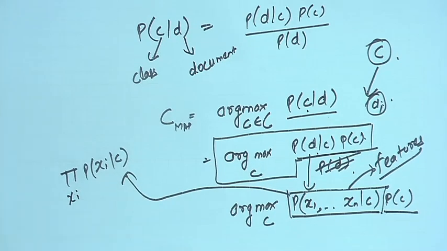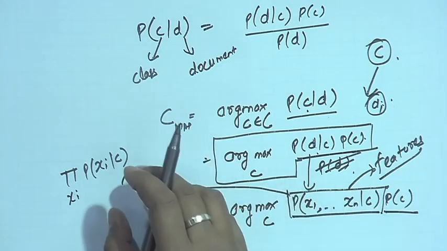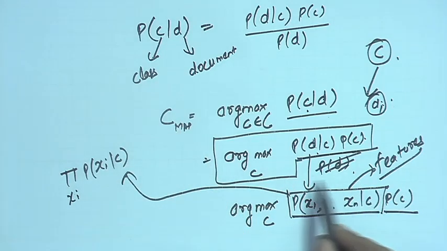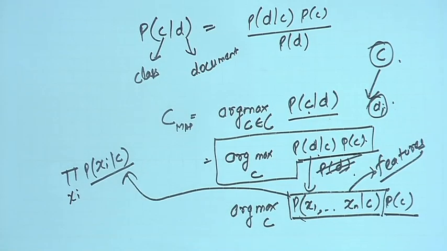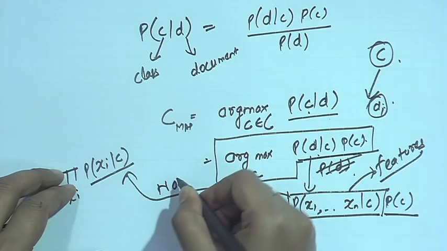That is, each feature is conditionally independent of each other given the class. This simplifies the model to a very large extent. Now you do not have to worry about the joint probability of all the features. You can talk about the individual probability of different features, and then you multiply.